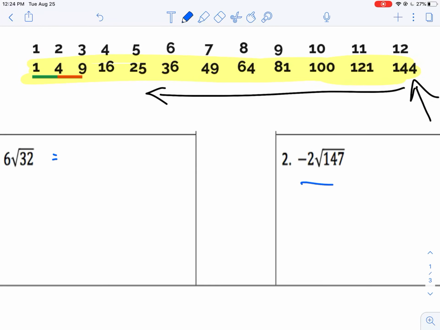So let's try number 2 here. -2 times the square root of 147.